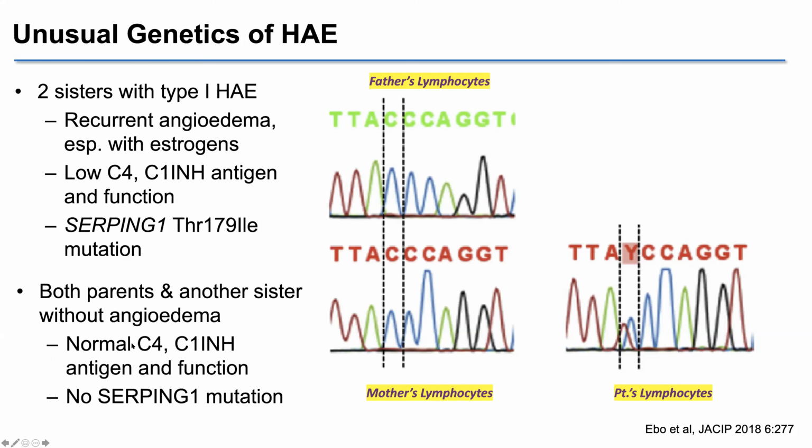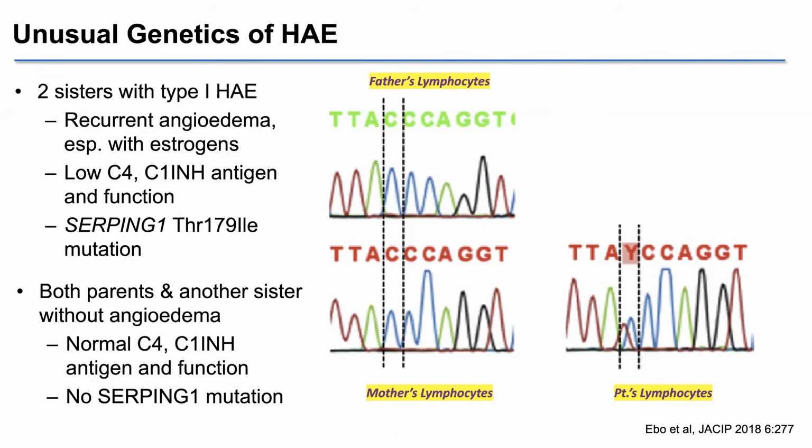None of them had complement abnormalities. They sequenced both the mother and the father, and you can see in the same position with this mutation that they had the normal genotype. Now, if it had been one sister, we'd say, okay, that's a de novo mutation, but it's two sisters.